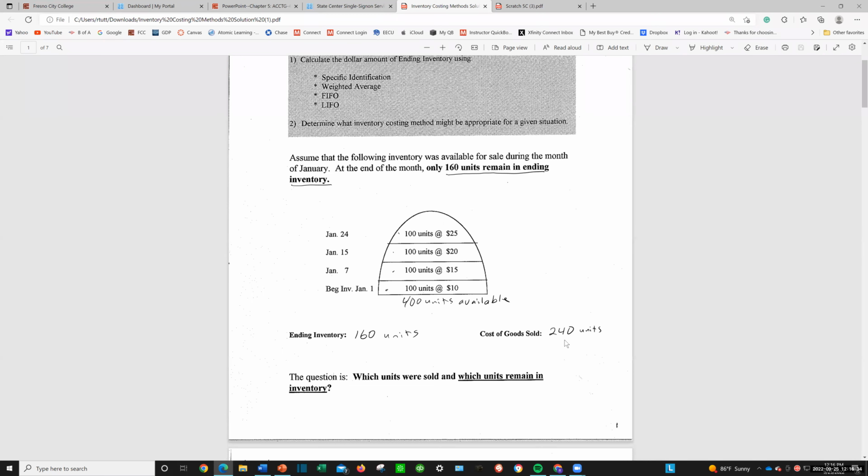Well, 240, right? 400 units minus 160 would give us our cost of goods sold units at 240. So the question is, which of the 160 units are still in ending inventory? Would it be 100 of these and 60 of these? Or would it be 100 of these and 60 of these? Well, it all depends on what kind of inventory method we use to value the inventory.